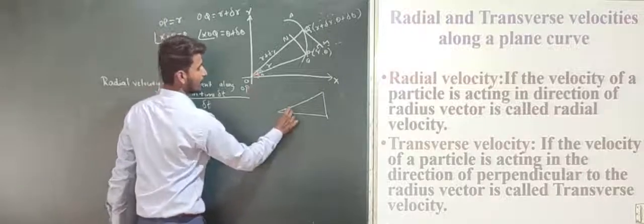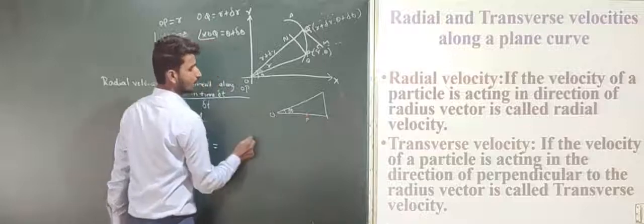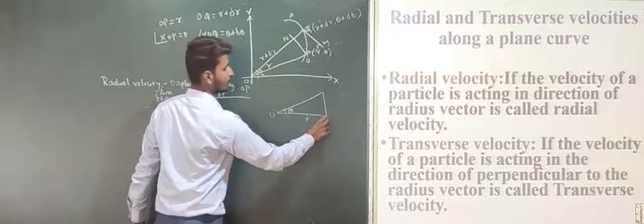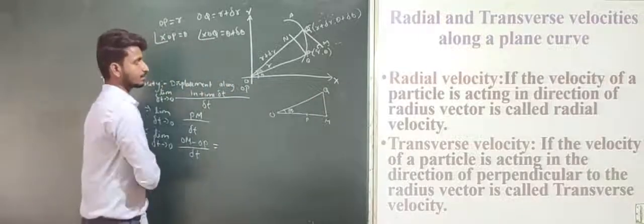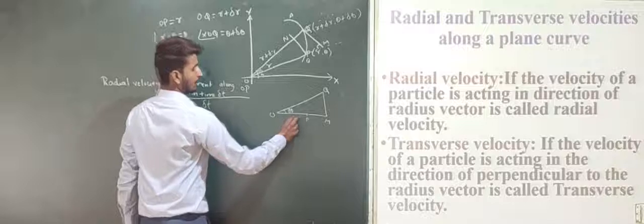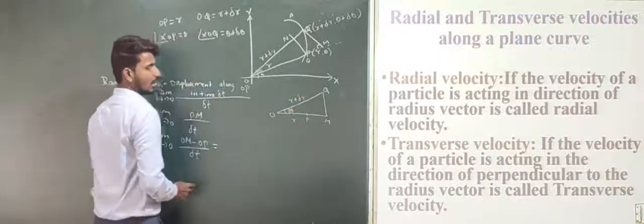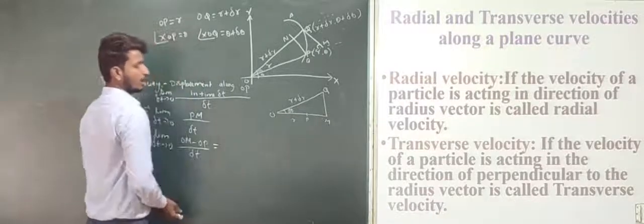The angle will be delta theta, the point will be O. After some time the particle reaches the point P, and this will be M and this will be Q. Here the distance traveled will be r, and this will be r plus delta r. Here we have to find OM.